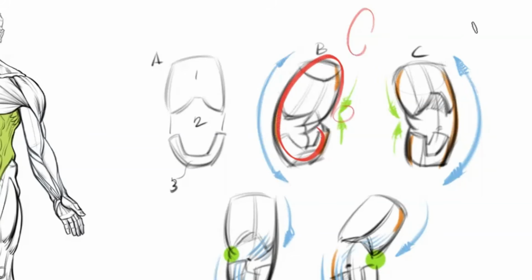Here's a letter C again, except going the other way, and therefore we're contracting the lower back and stretching across the front of the body. So contraction on the front of the body or the back of the body causes force, or stretch, on the opposite side of the figure. That's pretty simple: front to back contraction and force stretch.